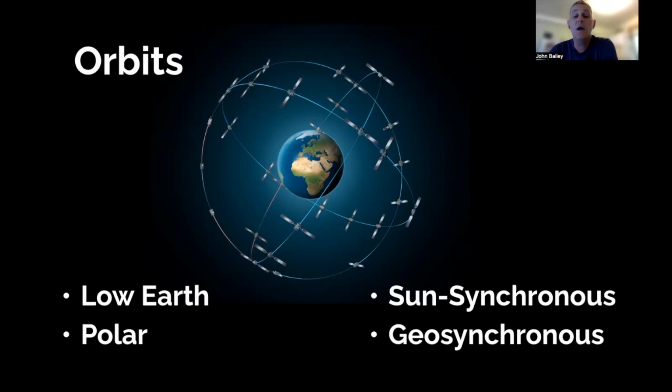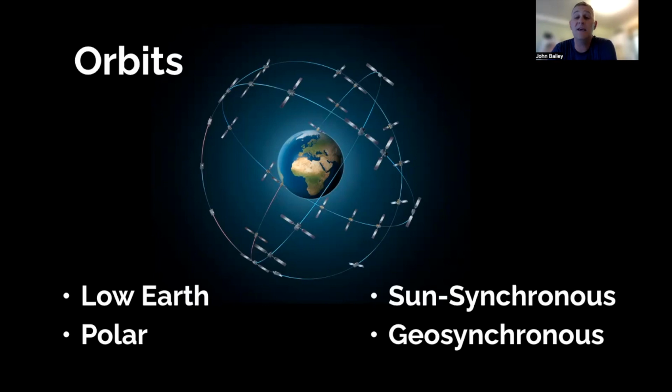With that said, sometimes we might just want to hover over one point on the planet. There are reasons for this, and we call this geosynchronous. Basically, the satellite rotates in lockstep with the rotation of the planet.